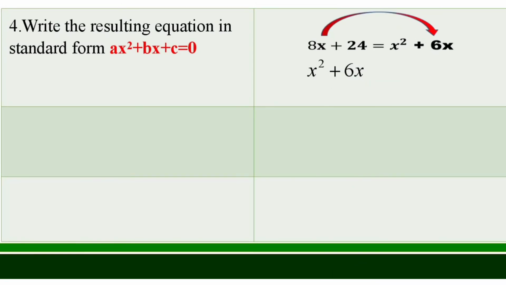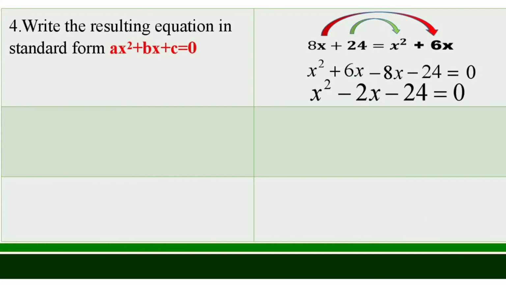Then we are going to transpose 8x to the right side, so it means we are going to change the sign. From positive 8x, it will become negative 8x. And then we are going to transpose also 24 to the right side, so it will become negative 24. Then equals 0.